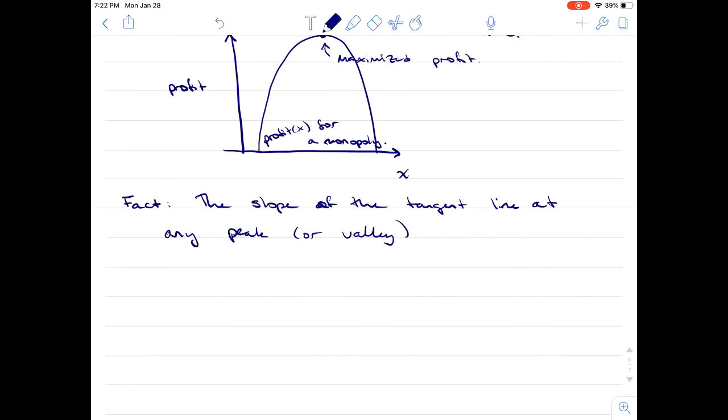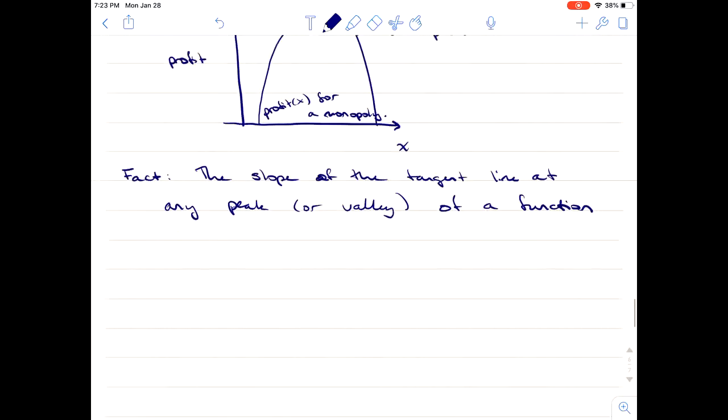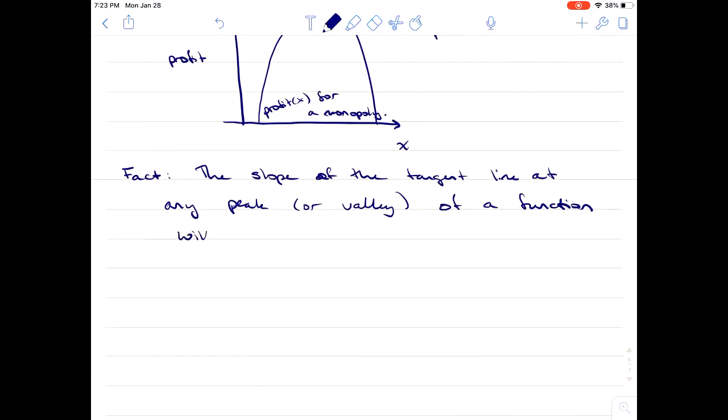Wherever it changes the curvature, from going up, up, up to down, down, down, there the slope and the derivative will be 0. So the slope of the tangent line at any peak of a function will be 0.